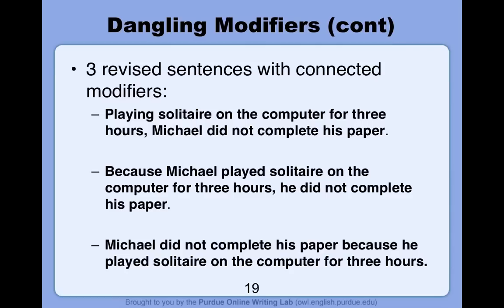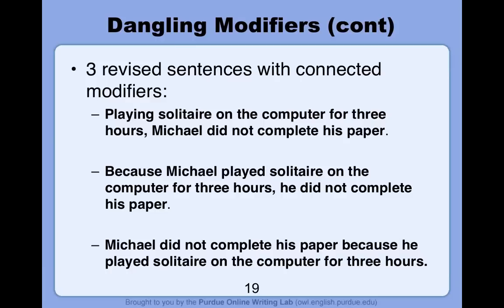The next slide shows you 3 revised sentences. The first revised sentence is, "Playing solitaire on the computer for 3 hours, Michael did not complete his paper." This first option corrects the sentence by placing Michael, the doer of the action, as the subject of the sentence. The second sentence, "Because Michael played solitaire on the computer for 3 hours, he did not complete his paper."